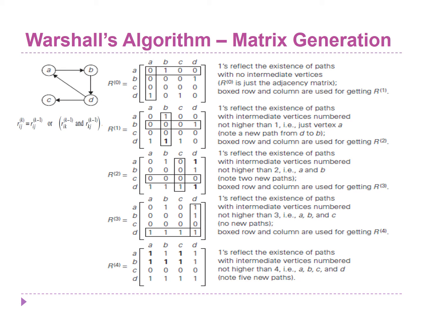So, considering the generation of matrices R0, R1, R2, R3 and R4 for the given directed graph, the ones in R0, as I said earlier, represent the existence of a directed edge between the vertices. The boxed row and column in R0 is used for getting R1.